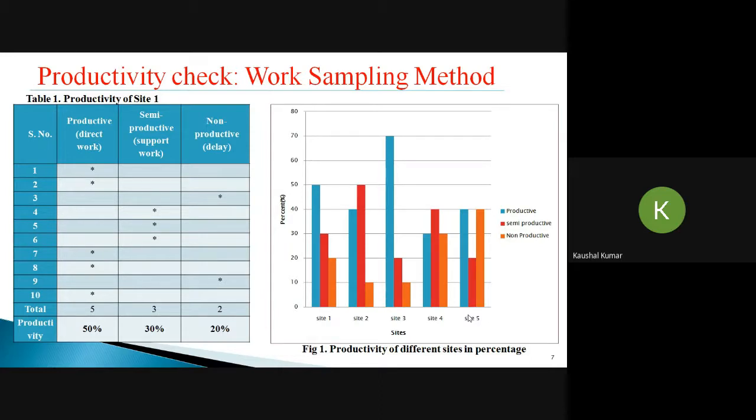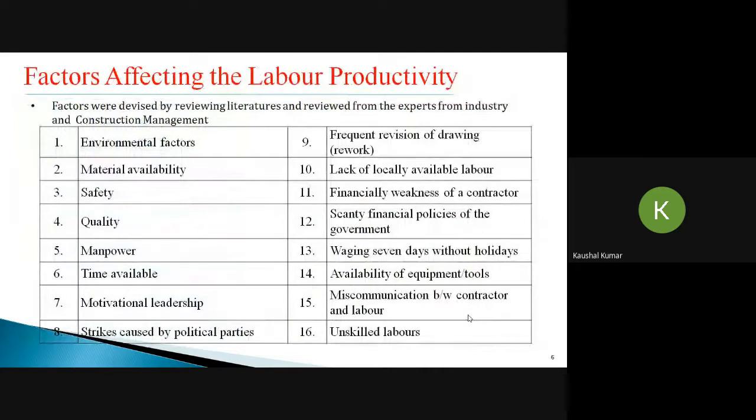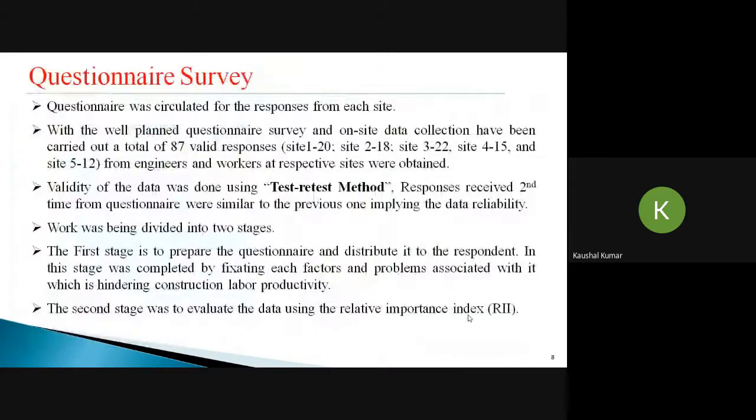So this does not give the actual answer for what may be the reason for low productivity at each site, but it gives an idea that each site is not having 100% productivity. That is, not all the works are going to be completed in time because of many factors. So we have taken the labor factors, and with these factors we have formed a questionnaire.